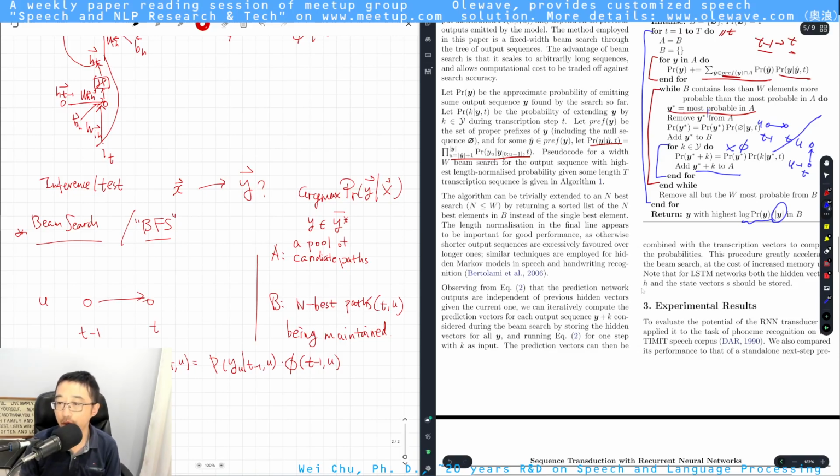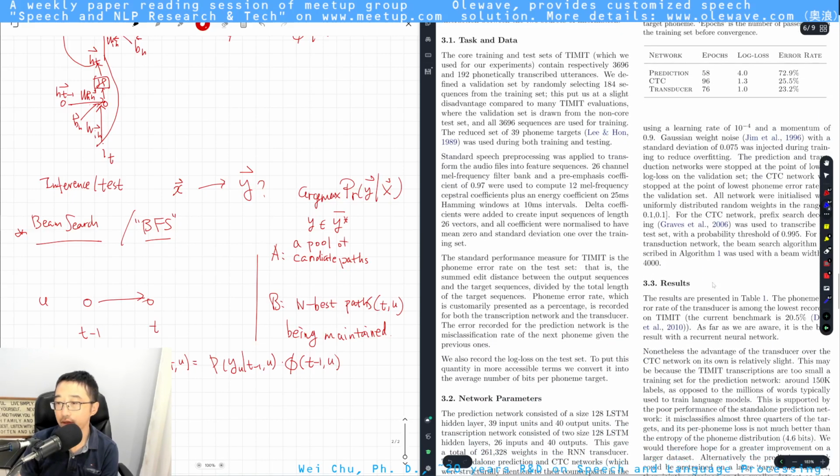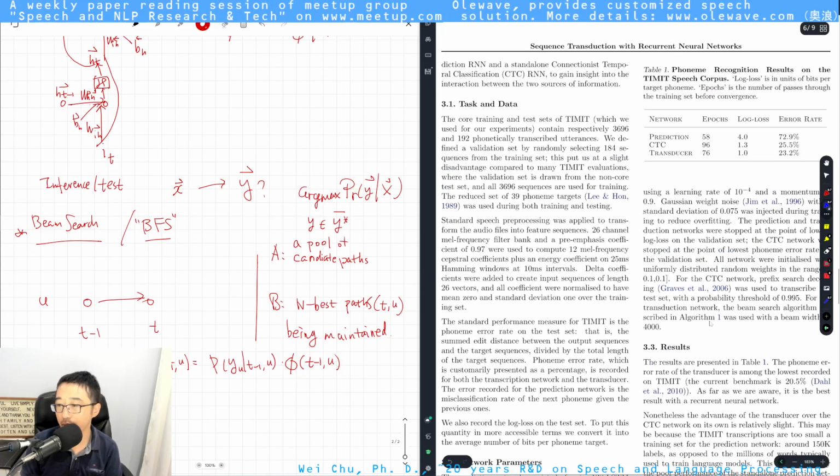Then move on to the experimental results. I would say back in 2012, the result wasn't very perfect because at that time, the best system without the language model, yeah, some people do add a phonetic language model on top of this to get a better result, but I remember this is also Dr. Hinton's work.